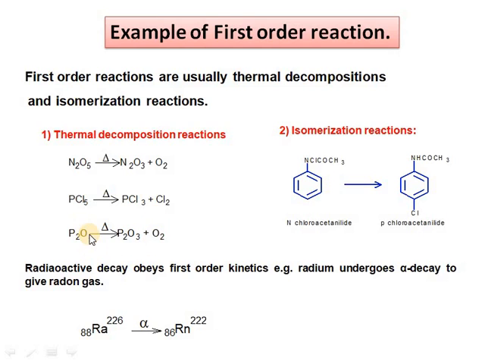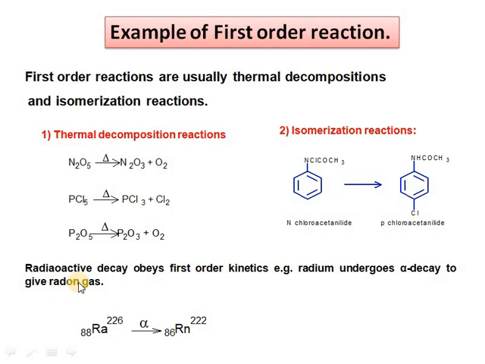Similarly, phosphorus pentoxide on heating decomposes to give phosphorus trioxide plus oxygen gas. Other examples are isomerization reactions, where N-chloroacetanilide is converted into its isomer.